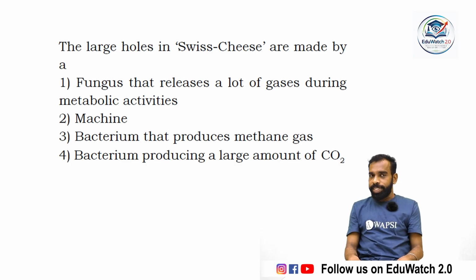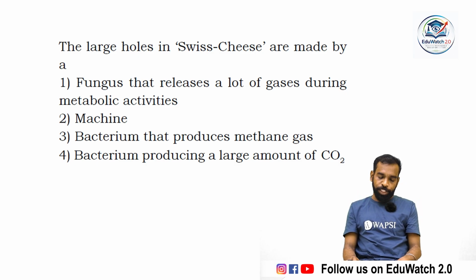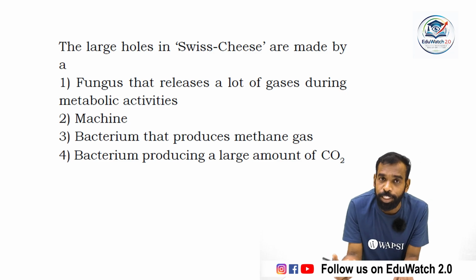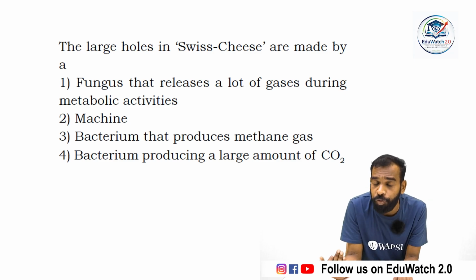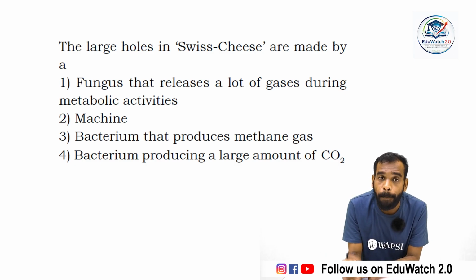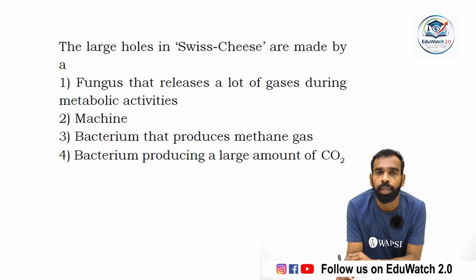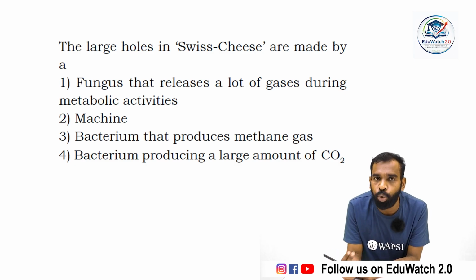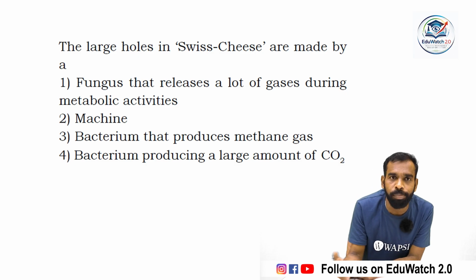There are 2 cheeses mentioned in the NCERT textbook, Swiss cheese and Roquefort cheese. The Swiss cheese is produced by a bacterium and the Roquefort cheese is produced by a fungus. Propionibacterium shermanii and Penicillium roqueforti, beneficial microorganisms.